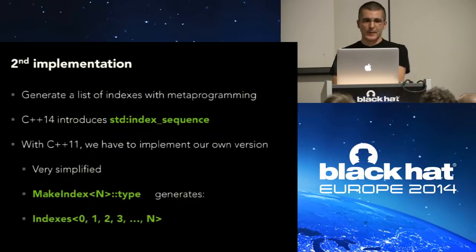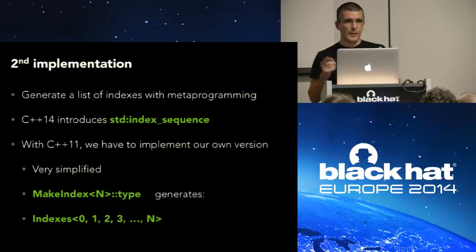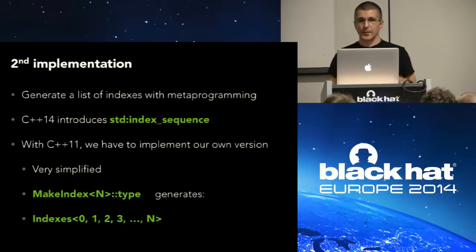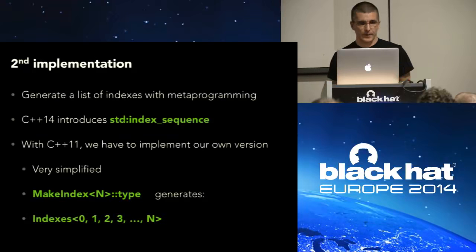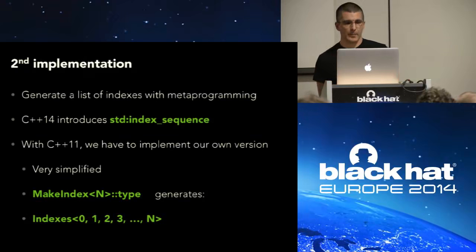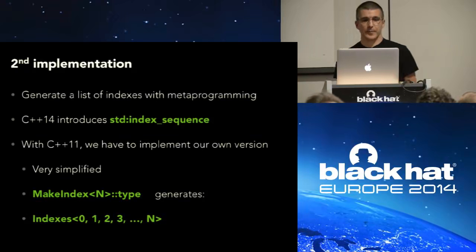So I introduce a second version of my implementation. I will generate the list of indexes, 0 to a certain number, with metaprogramming. In C++14, there is a standard template for that, index_sequence. But this version of C++ is very new. It's already well supported, but I prefer to be compatible with C++11, so I have implemented my own, very simplified version of index_sequence.